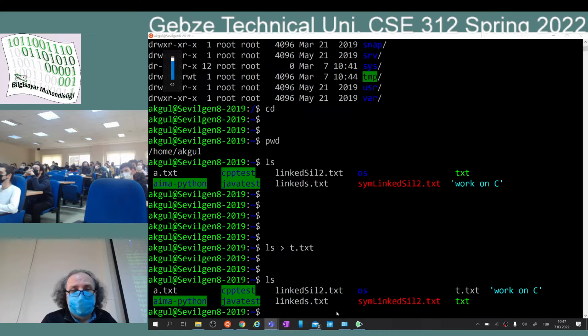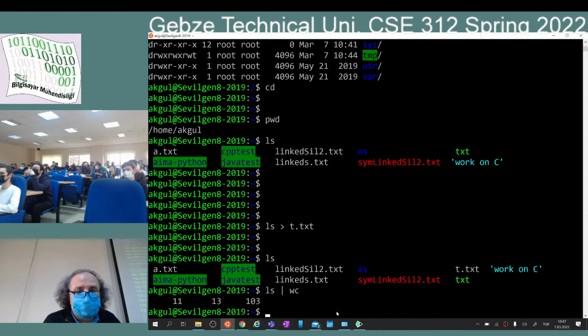Or I can redirect the results of this program through a pipe to another program, which is, for example, let's count the number of lines. wc, word count, and it's going to tell me that it has, I guess, 11 lines, and inside these 11 lines there are 103 characters.